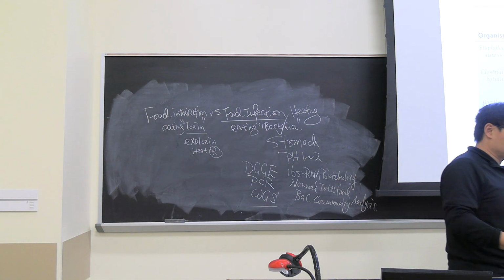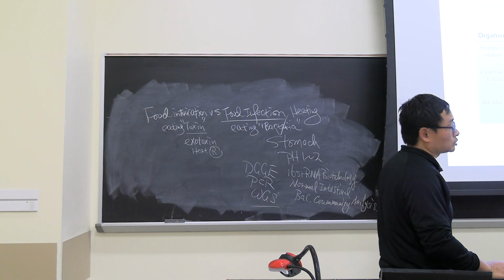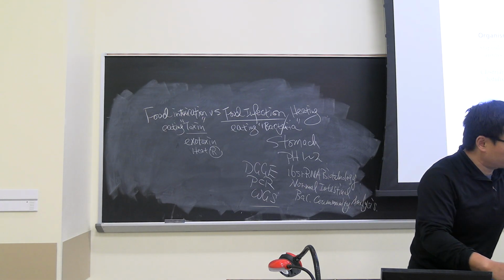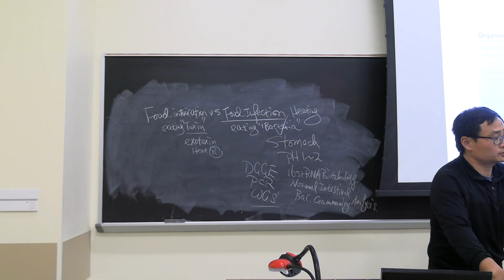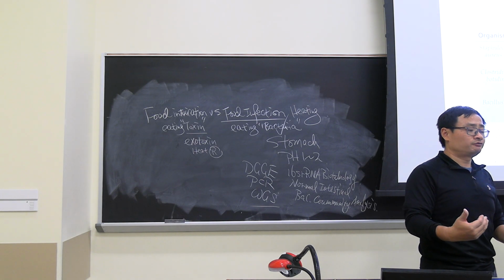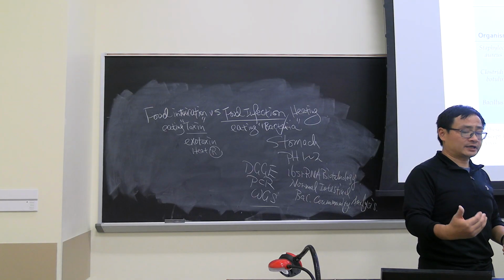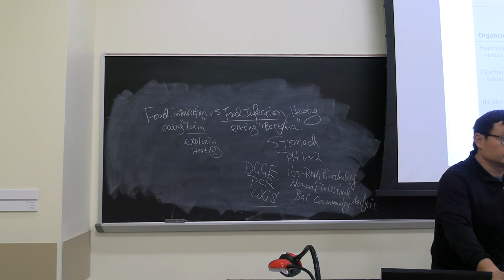Here we listed some examples of food intoxication. Staphylococcus aureus is one of them. The time of onset is 1 to 6 hours. Nausea, vomiting, diarrhea, that's very typical for a foodborne pathogen. Second one, Clostridium botulinum. We're going to talk about Clostridium real quick.